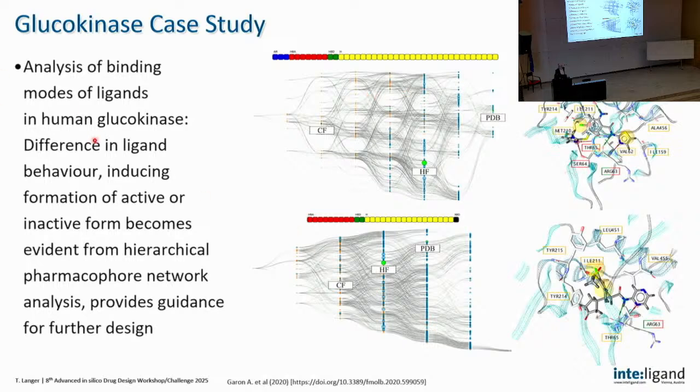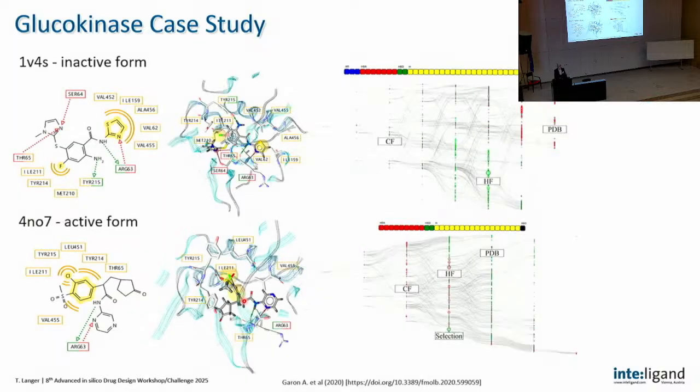They differ in behavior and induce the formation of the active and inactive form of the protein, and this becomes evident when you look at the pharmacophore network. When you use this pharmacophore network, then you can design activators or inhibitors, right?